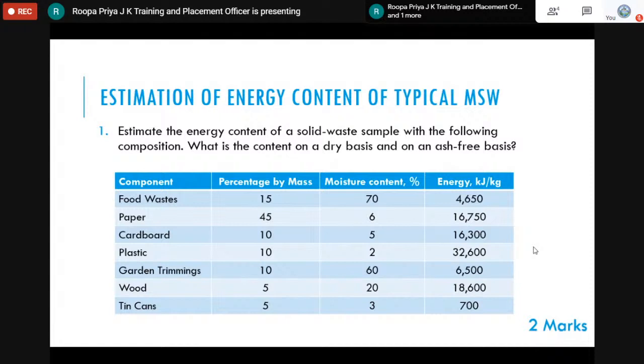The question gives the components of the solid waste, the percentage by mass values, the moisture content in percentage, and the energy in kilojoule per kg. This question may carry 2 marks. In most of the question papers, this question is for 2 marks.